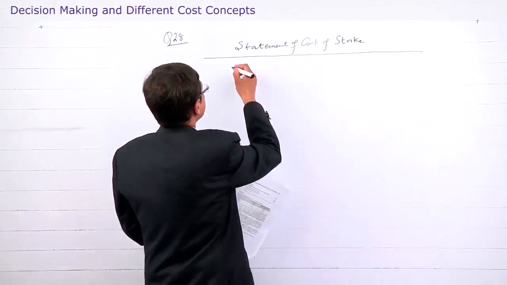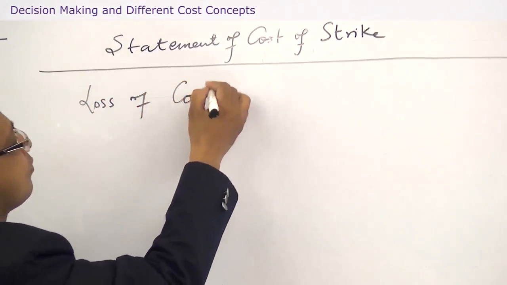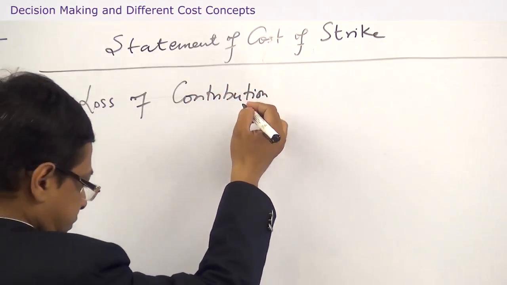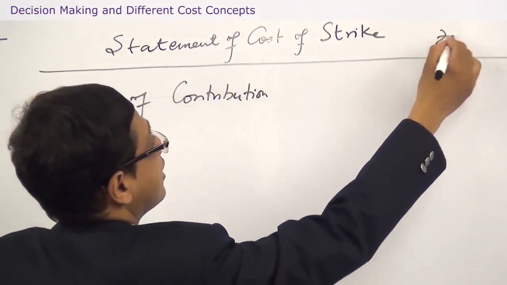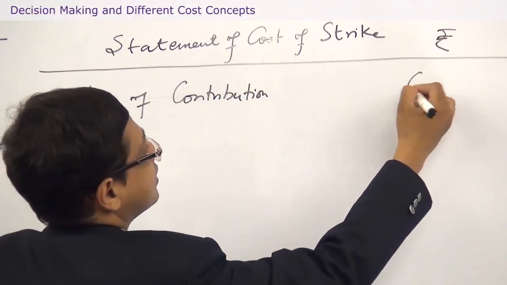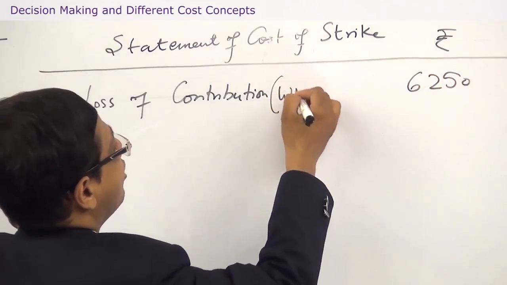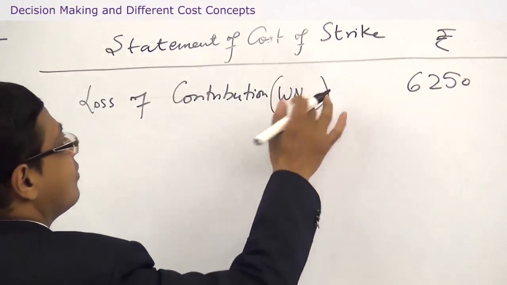Here loss of contribution, this is in terms of rupees 6250. How? We have done it in working note number 1, right?